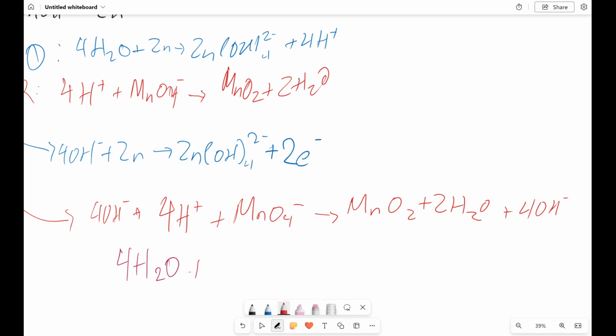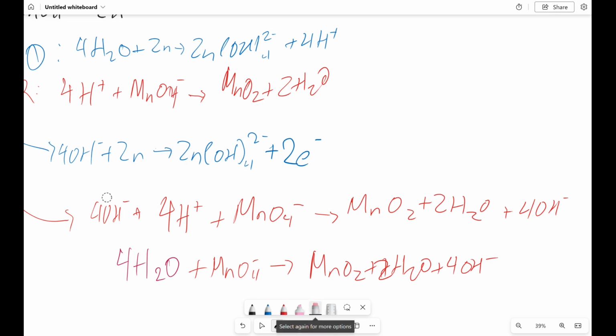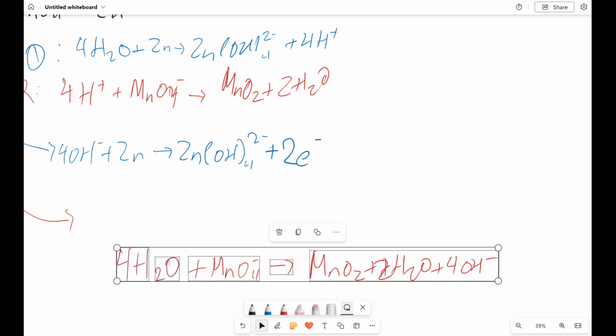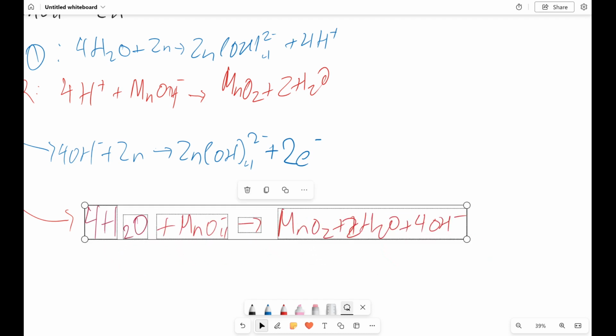Plus MnO4 minus becomes MnO2 plus 2H2O plus 4OH minus, right? I'm not sure why I rewrote it when I could have just manipulated my first equation, but c'est la vie, such is life. So I guess this is the way the cookie crumbles.